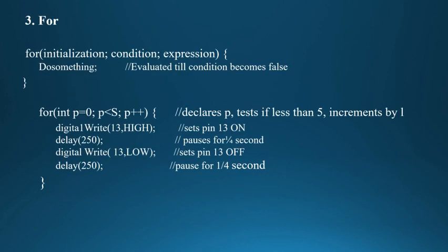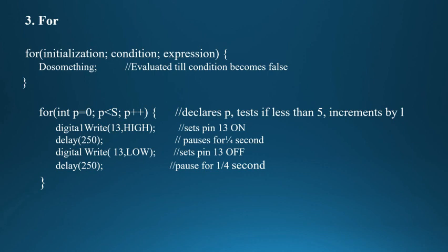In the for statement: for (initialization; condition; expression). Initialization is used to initialize the given set of values. Condition is used to give a certain condition. And expression is used to increment or decrement the value.